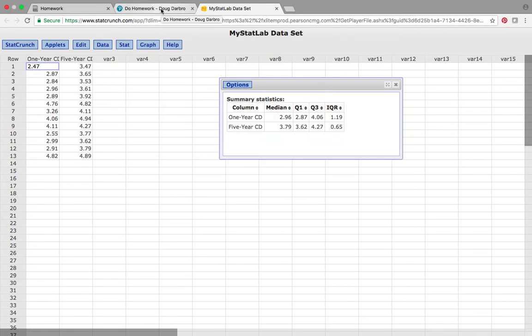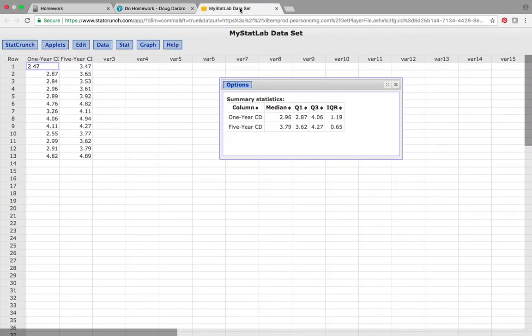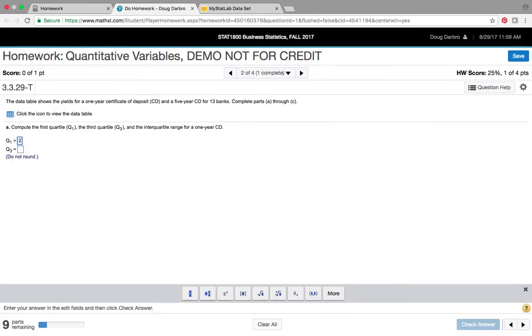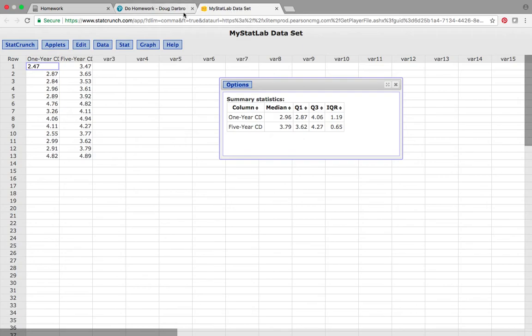It wanted Q1 and Q3, so that would be 2.87 and 4.06. Then it wanted the IQR, so the IQR is 1.19.